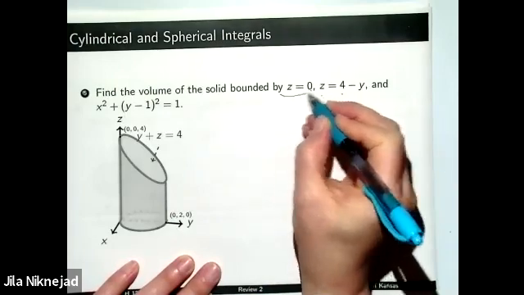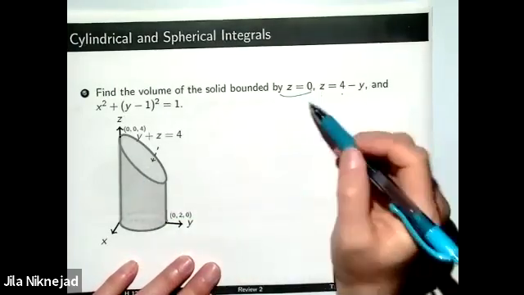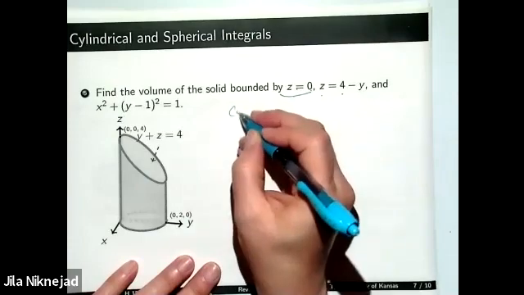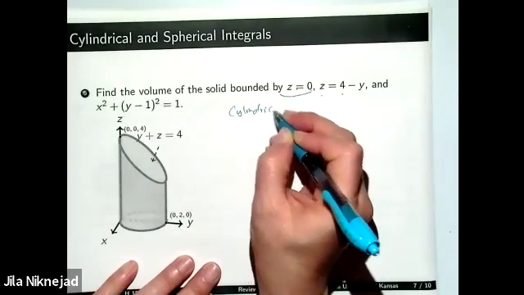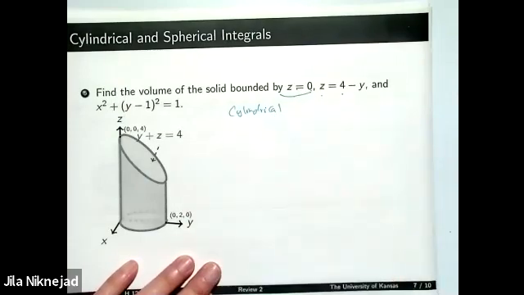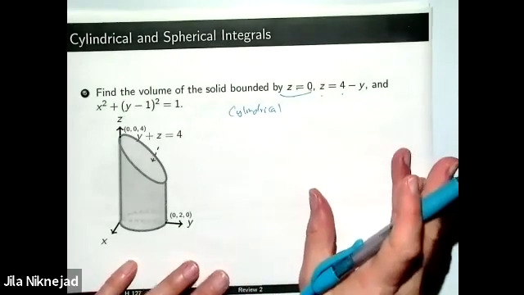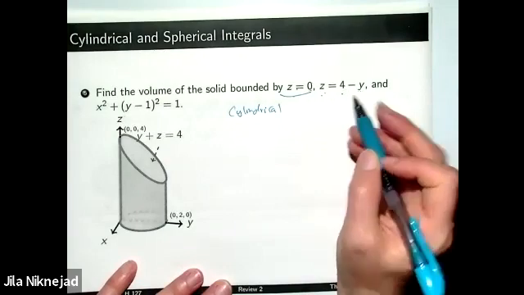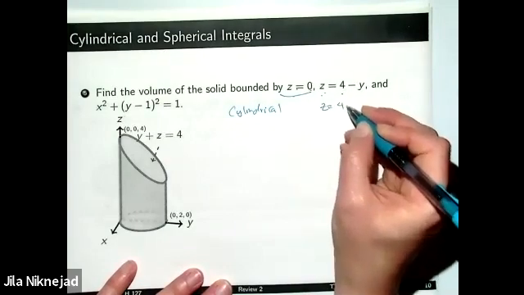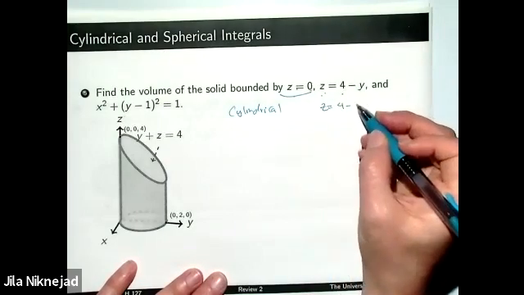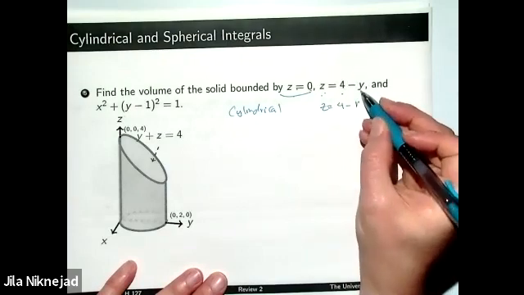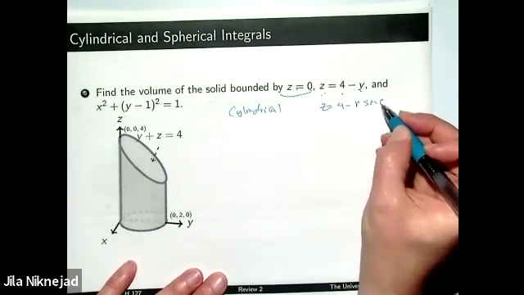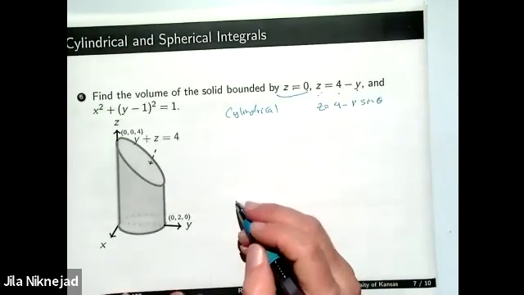If I'm converting to cylindrical, z equal to 0 stays, right? And then z equal to 4 minus y becomes z equal to 4 minus r, what is y? r sine theta, right?